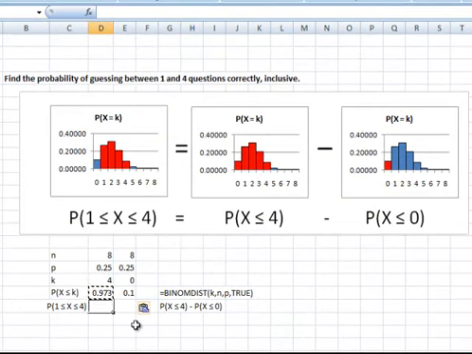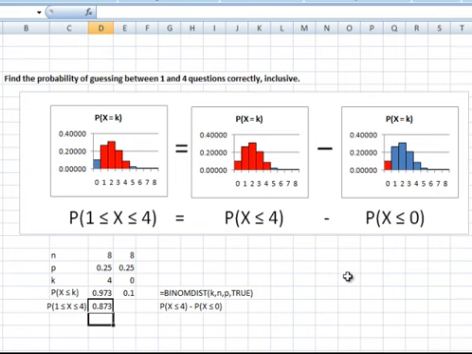And finally, to get the final probability, I'm going to take, notice the less than or equal to 4 minus the less than or equal to 0. I'm going to take that probability and subtract the 0.1. And 0.873 is the probability that I get 1, 2, 3, or 4 questions right in my guesses. That's this red shaded area that I see here.